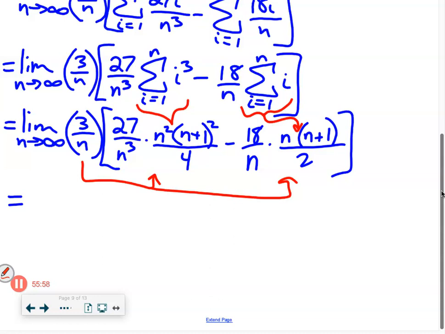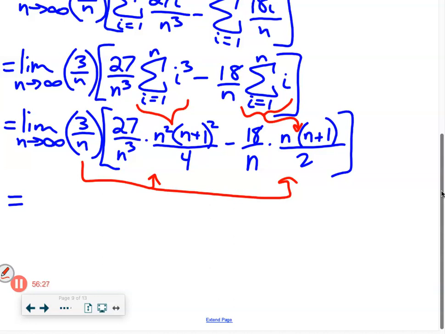So keep that in mind when you're doing this. Look at your first term. What is the degree of the n's on top? 4, because you have an n squared and an n squared. The degree is 4. What is the degree of the n's on the bottom? 4, because you have an n times an n cubed. Does that make sense? Same degree top and bottom, it's the quotient of the leading coefficients.